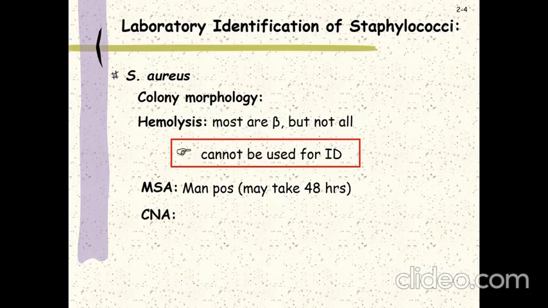So what would Staphylococcus aureus look like on a colistin nalidixic acid agar, on the CNA plate? Would it grow? Yes, it would. It's a gram-positive cocci. That's what we use the CNA plate to isolate, gram-positive cocci. So on the CNA plate, it would be white.